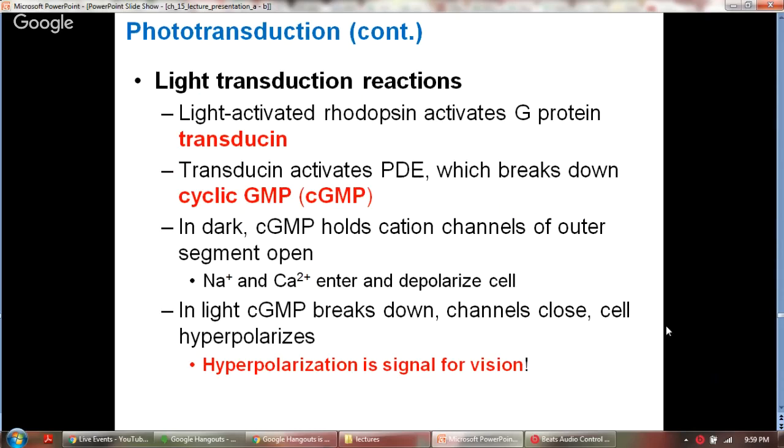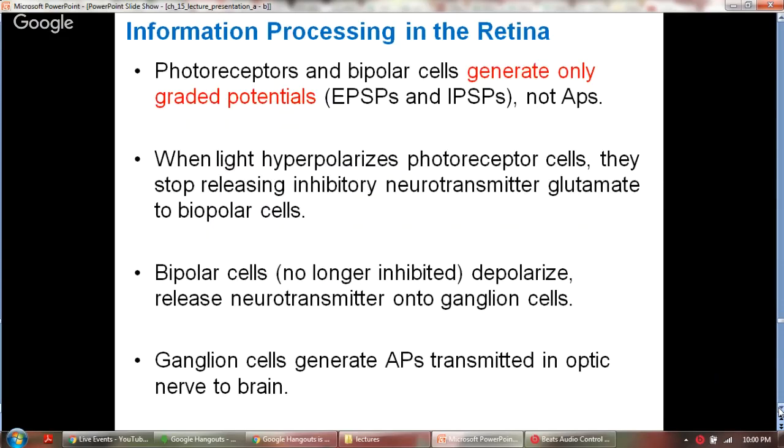In the dark, cyclic GMP holds cation channels open at the outer segment, letting in sodium and calcium ions, which leads to depolarization of the cell. When cyclic GMP breaks down, the channels close and the cell hyperpolarizes. The important fact is that, unlike nerve signals, hyperpolarization is the signal for vision. So that is very important.